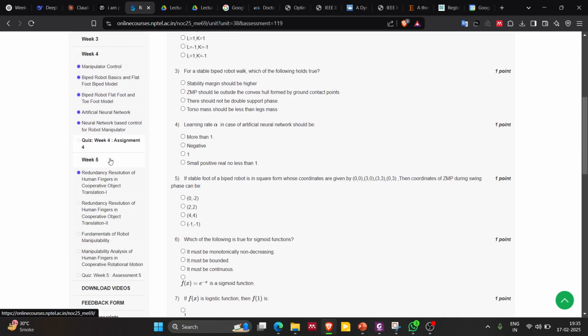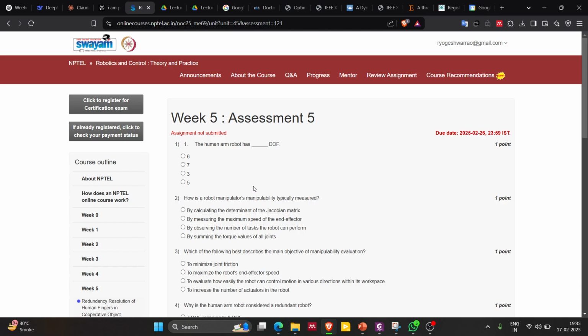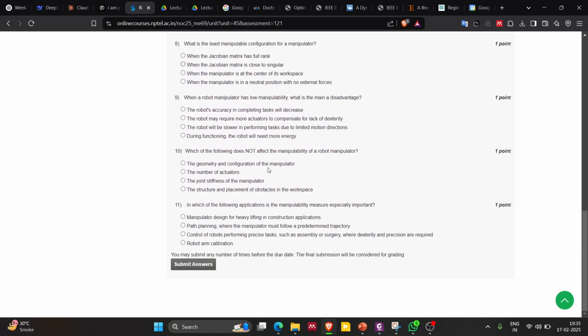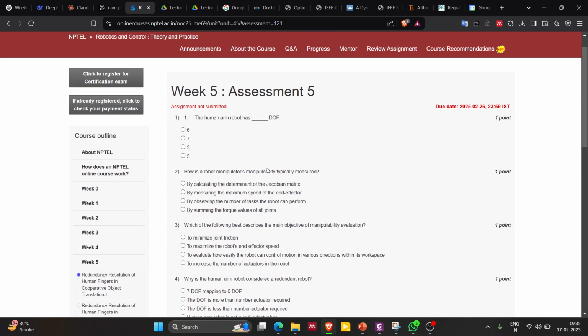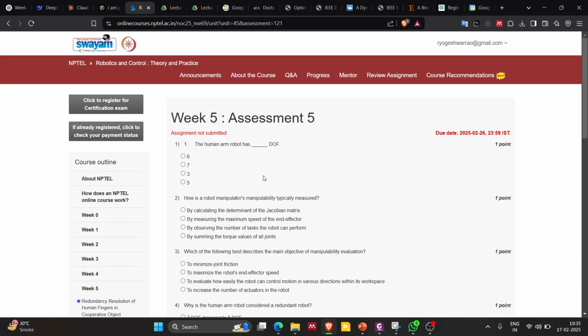Then coming to week five. Human Arm Robot has a dash degree of freedom. Most of the problems look like comprehensive type. You just need to listen to the lectures, because from now onwards the lectures are more on the research aspect.